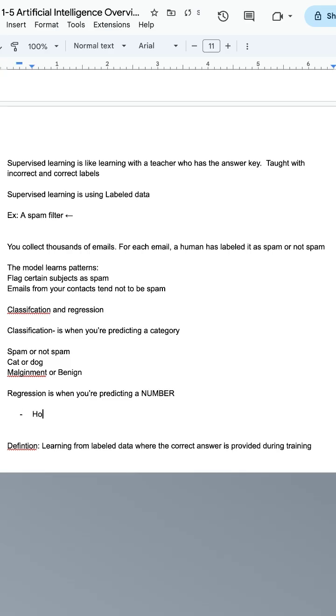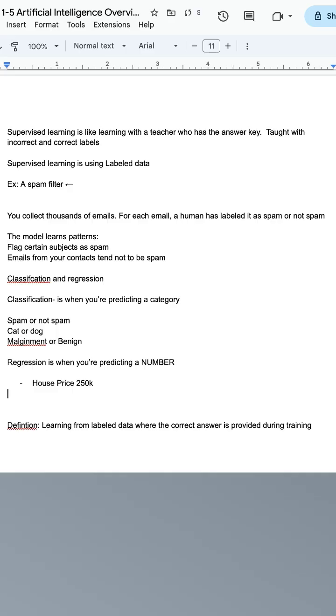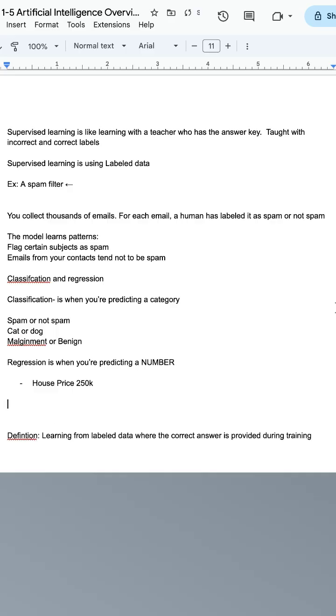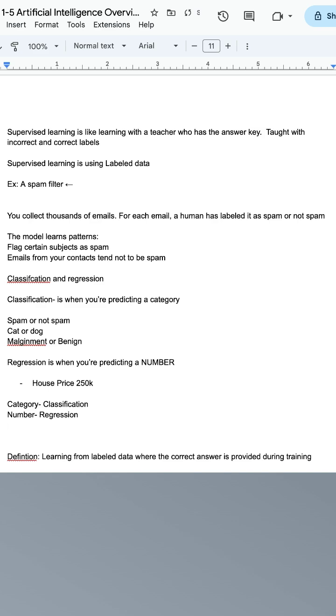For example, predicting a house price, the temperature, or any price are considered regression models. A simple way to decide is to ask yourself: is the answer a category or a number? Remember that category equals classification. If it's a number, it's regression.